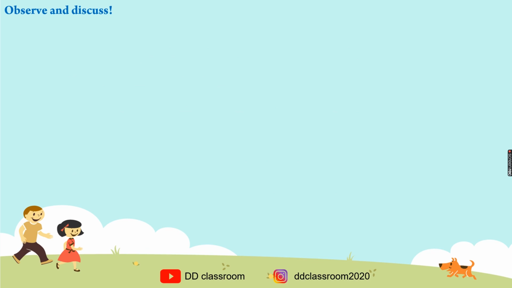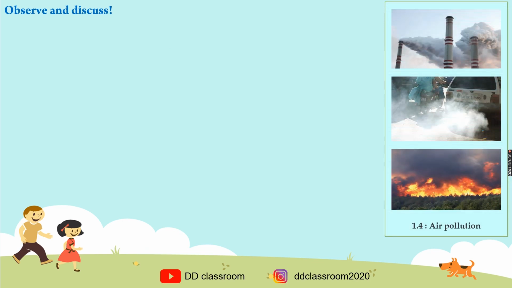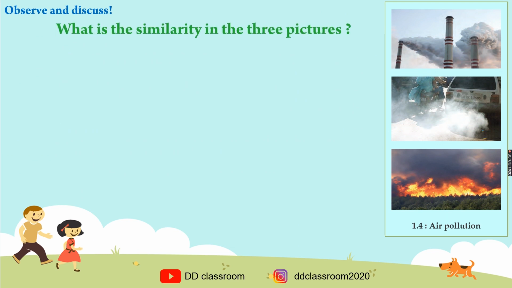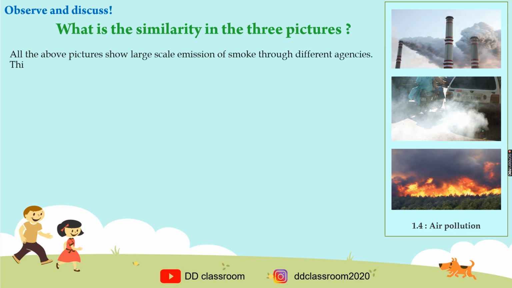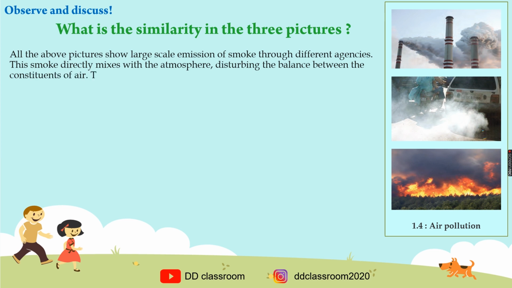Observe and discuss. What is the similarity in the 3 pictures? All the above pictures show large-scale emission of smoke through different agencies. This smoke directly mixes with the atmosphere, disturbing the balance between the constituents of air.